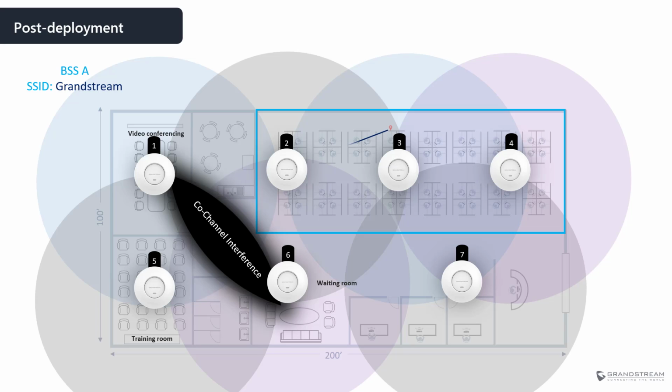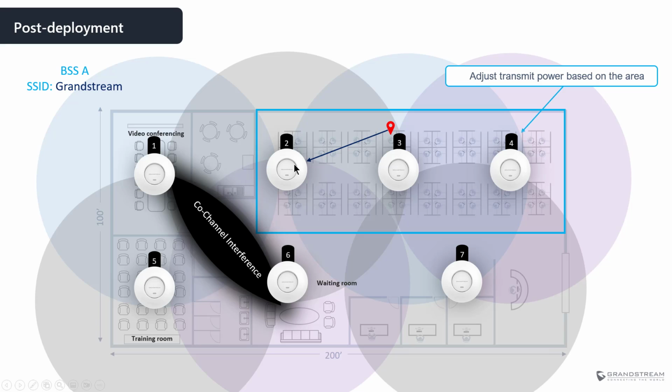So another problem that could arise is the situation where we have sticky clients, and a sticky client is a client that is connected to an access point that is further away instead of connecting to the access point that is closer. And that happens because the signal from access point 2 is so high that the wireless client thinks that this access point is actually close by. So that's why it remains connected to this one.